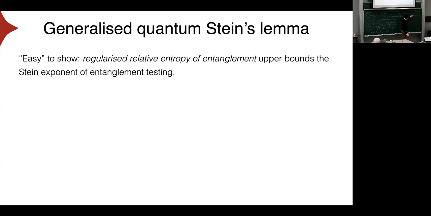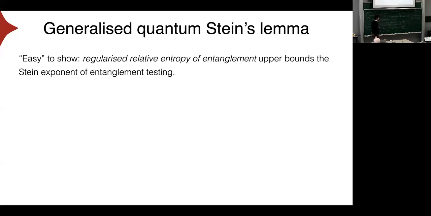But this we know how to calculate. This is exactly the relative entropy. Now, if you minimize over sigma, you get exactly the relative entropy of entanglement of rho, which is clearly an upper bound on the Stein exponent.